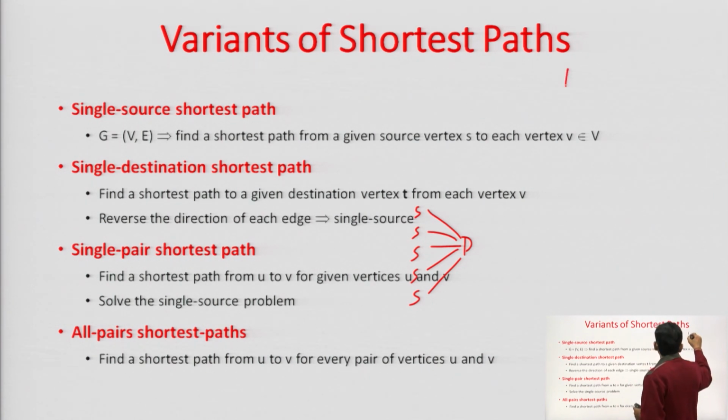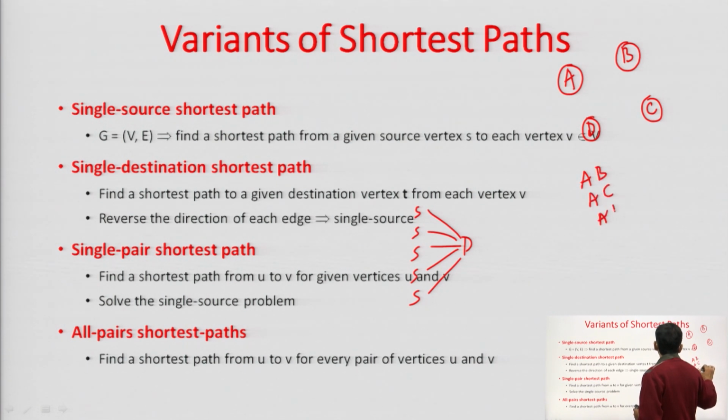For example, if I have a graph A, B, C, D, you may be interested in finding out the shortest path between AB, AC, AD. Similarly, between BA, BC and BD. Similarly, between CA, CB and CD.